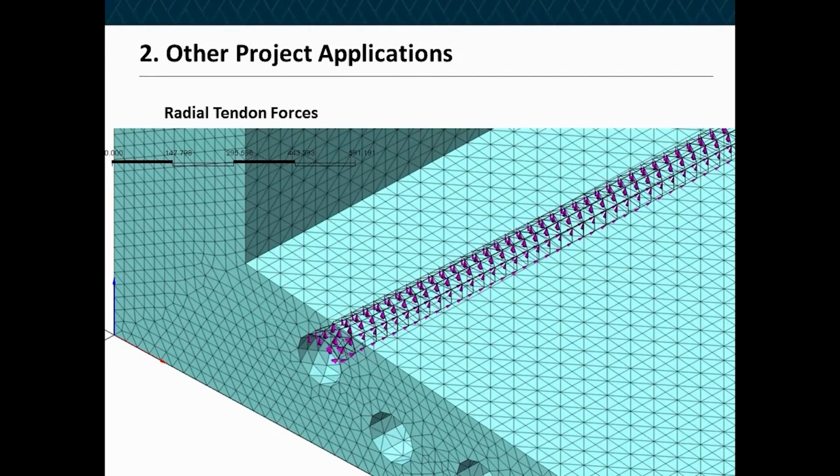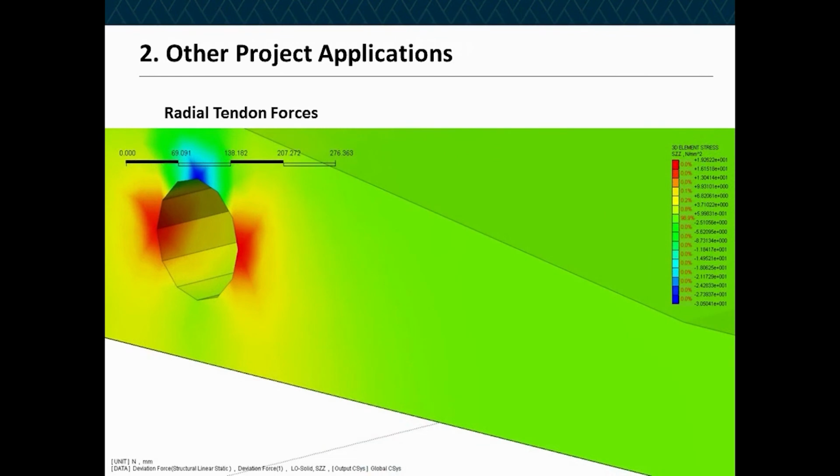And then, just using a hand calculation and manual application of load, we could apply the radial forces from the tendon to determine whether we had any localized stresses that would indicate that we would get bursting or cracking, splitting of the concrete, which we did. And this was one of the stress plots that came out of that.